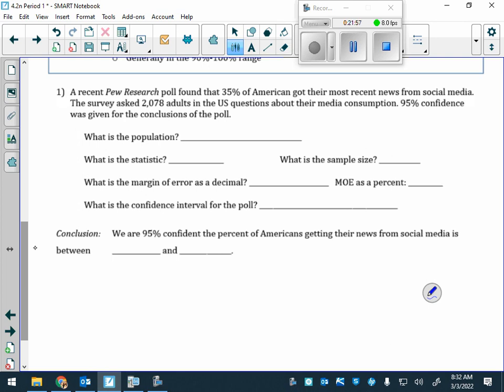Okay. Let's see. Emily, what's our population? Emily Taylor. Our population is who we're measuring about. So it's not going to be a numerical value. Americans, or all adults. We could be even more specific. All American adults.